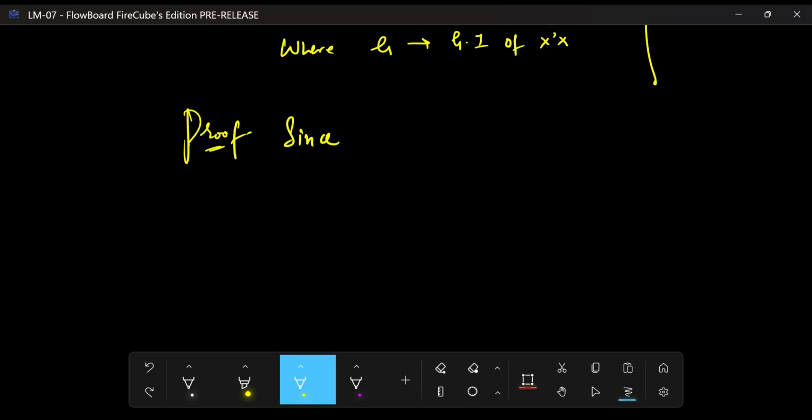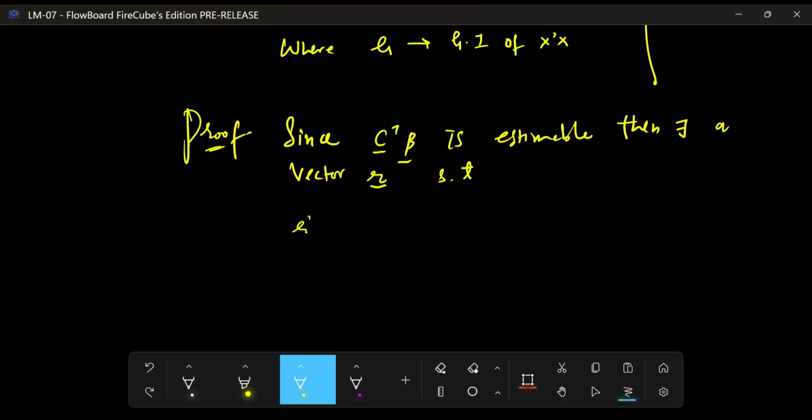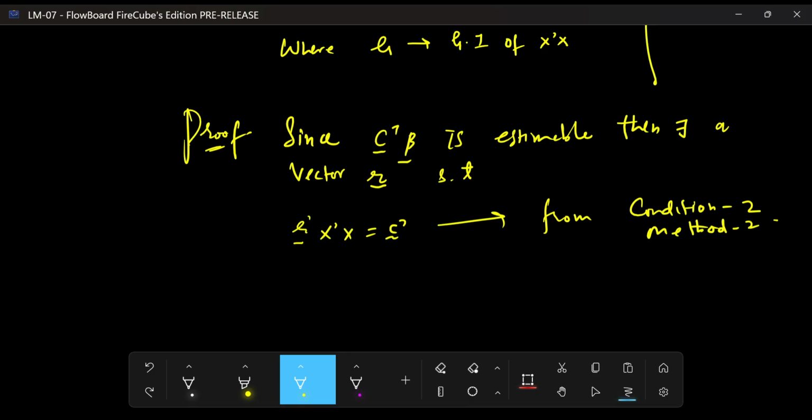Now the proof. Since C curl transpose beta curl is estimable, then there exists a vector R curl such that R curl transpose X is equal to C curl transpose, from the condition in method second. Now multiply with G on the left-hand side.